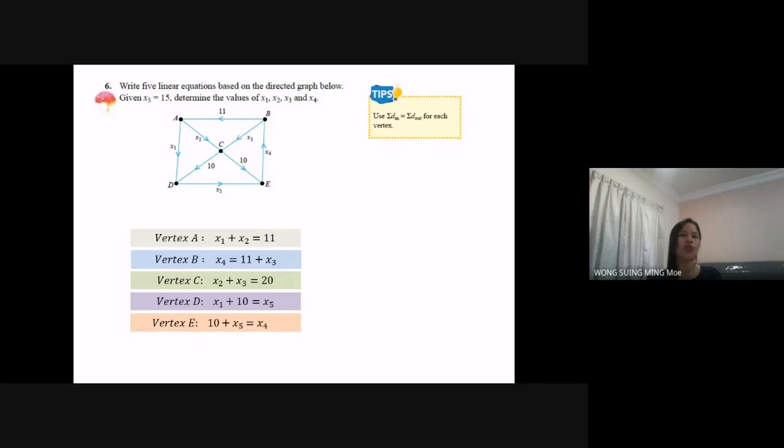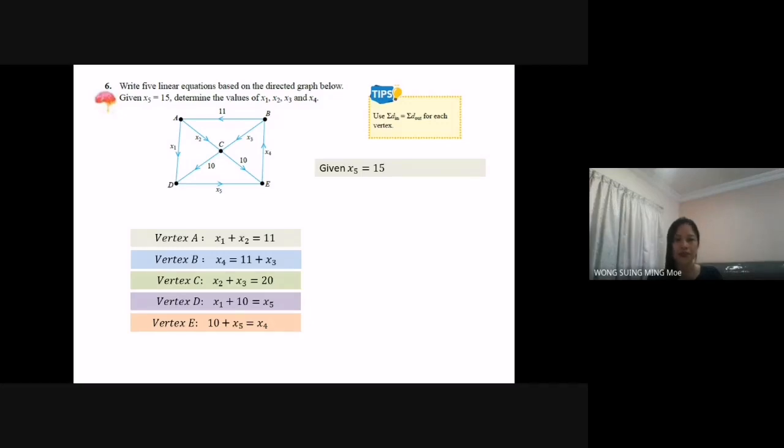So now we want to find the value of S1, S2, S3, and S4 given S5 equal to 15. Okay, so I substitute S5 equal to 15 into one of the equations. Which one do we have S5 in? Here, right?